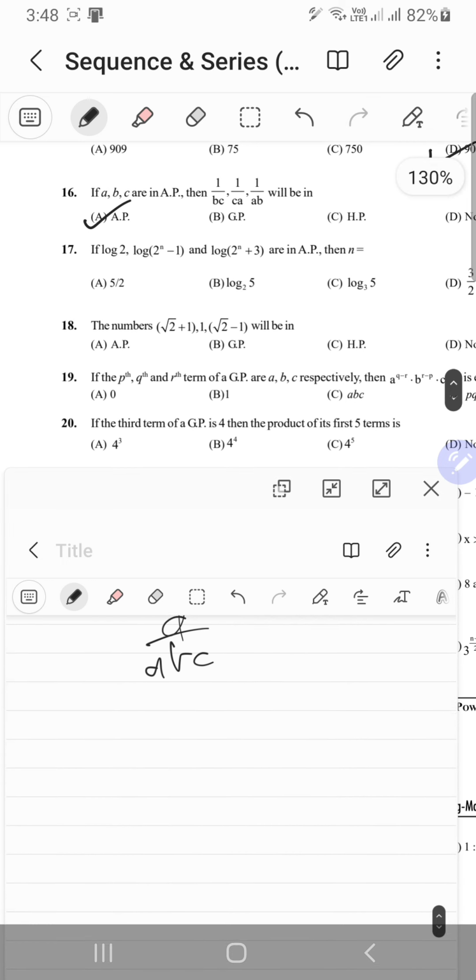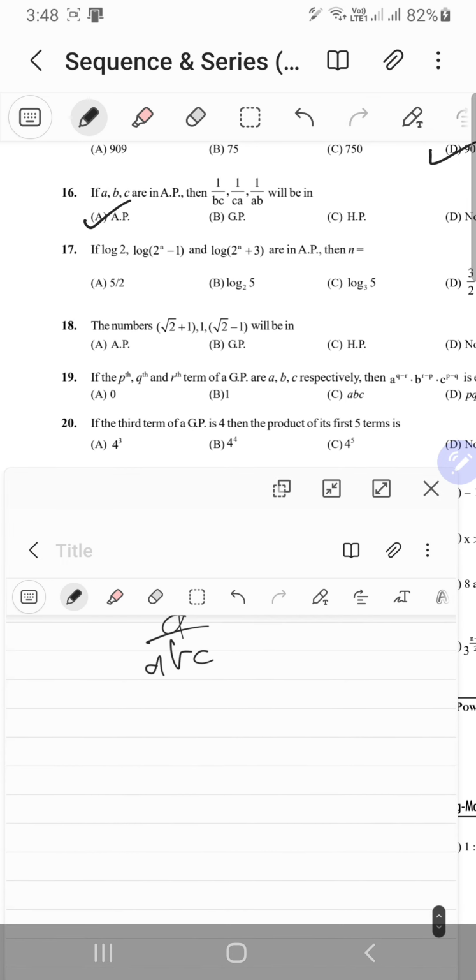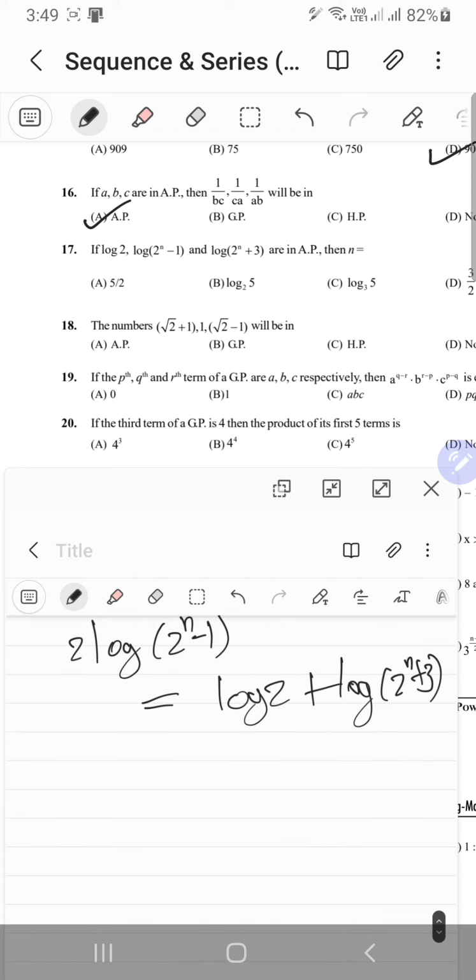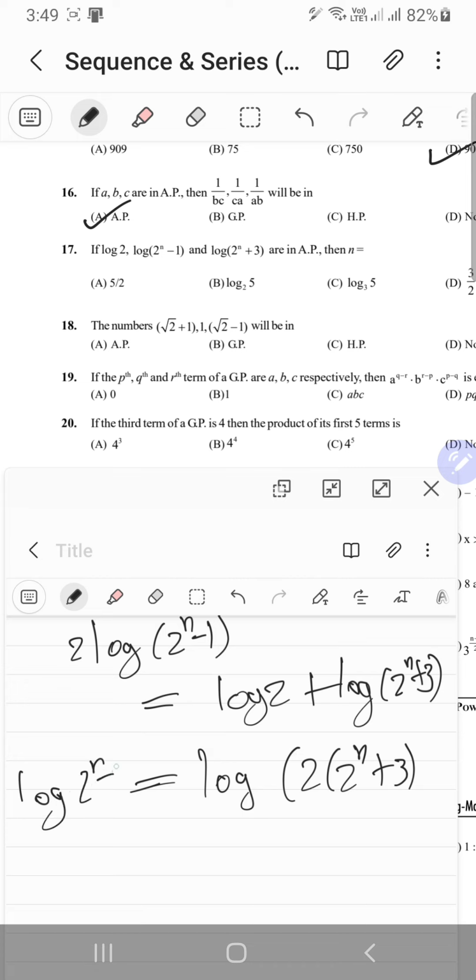Next, if log of 2 power n minus 1 and log of, okay, these are in AP, then n is, that means 2 log of 2 power n minus 1 is equal to log 2 plus log of 2 power n plus 3, which we can write as log of 2 times 2 power n plus 3, and similarly this can be written as log of 2 power n minus 1 squared.